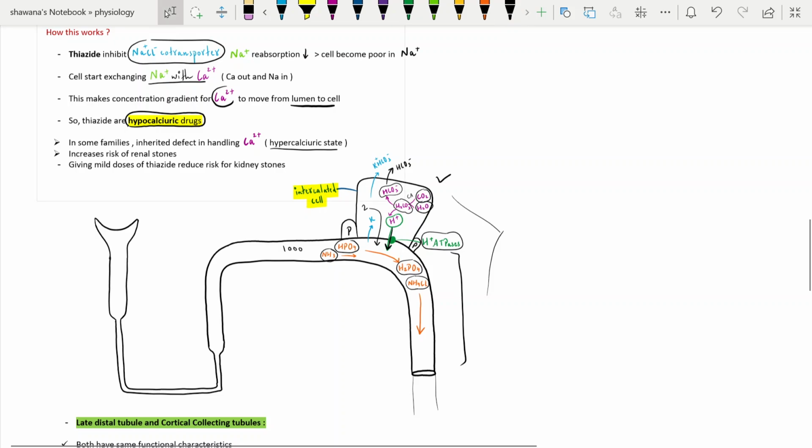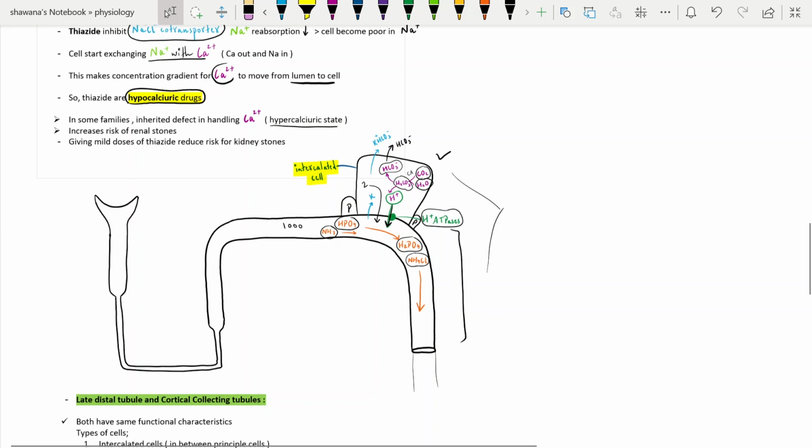The second important thing worth mentioning here is that carbonic anhydrase, this enzyme, is very sensitive to our body pH. Our blood pH is maintained around 7.35 to 7.45. I'm sorry for the misunderstanding.